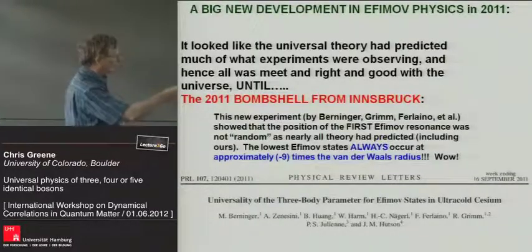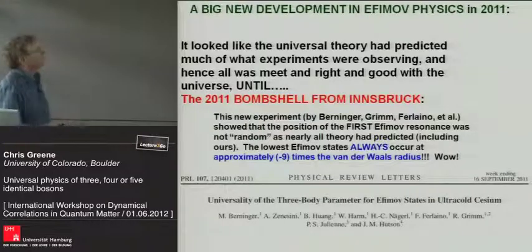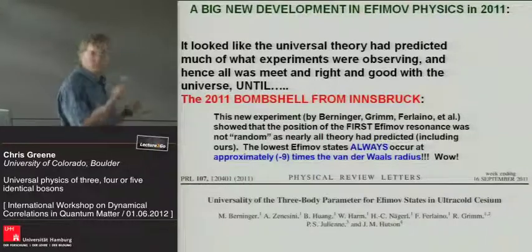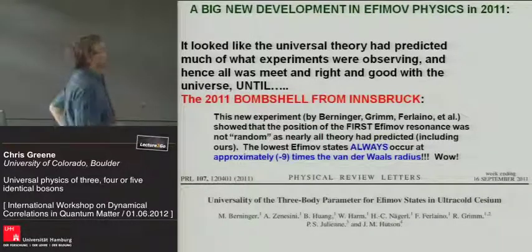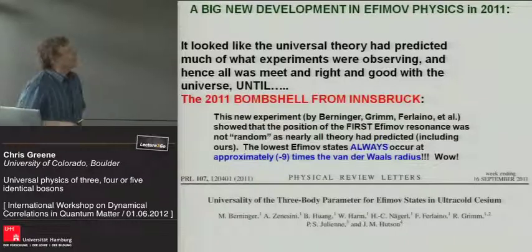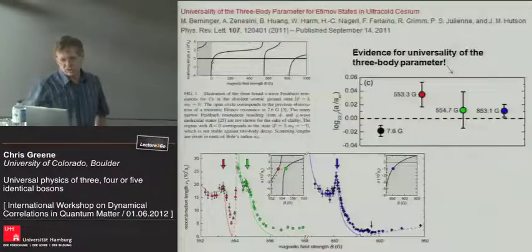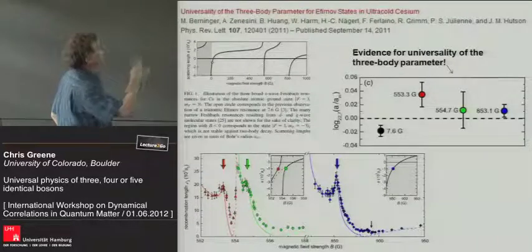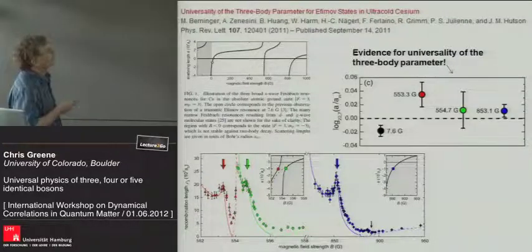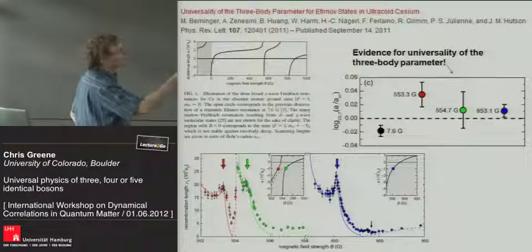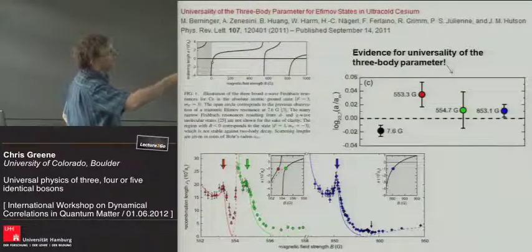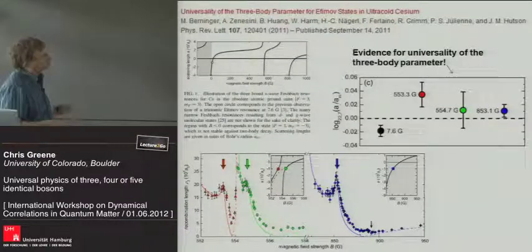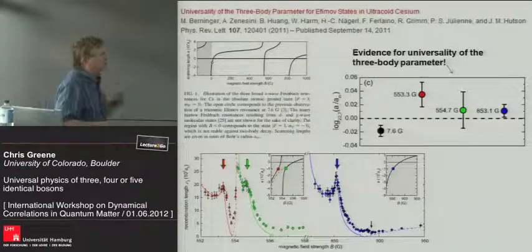It also had some theorists involved who were largely providing the two-body scattering lengths that you need to interpret the data that you see. Let me just show you a little bit from their paper. This is how the scattering length looks, for instance, over about 1,000 Gauss. And they could measure four different Efimov resonances associated with four different Fano-Feshbach resonances.